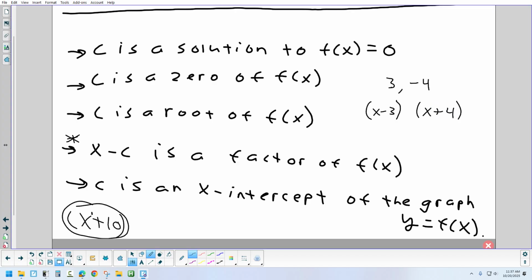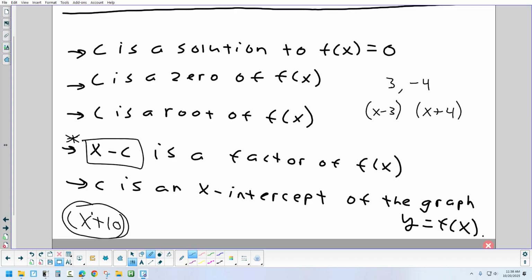Right. The pattern, if you know a number that's a root, this is the pattern for the factor. It's x minus a number. 3 was a root. x minus 3 is a factor. -4 is a root. x minus -4 is a factor.